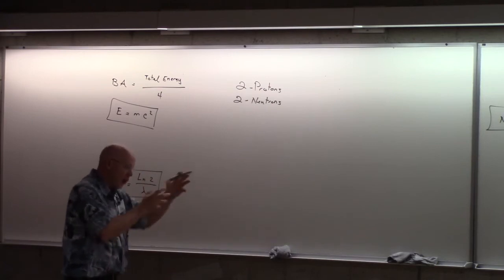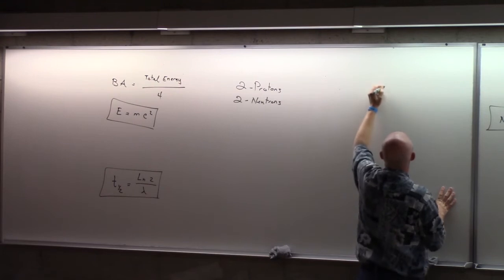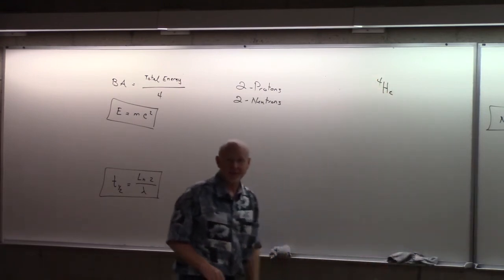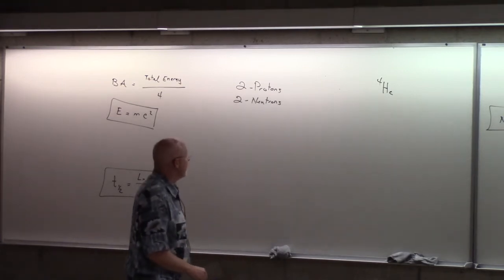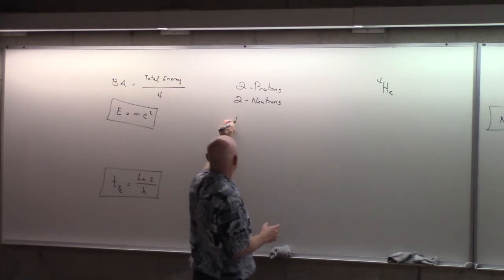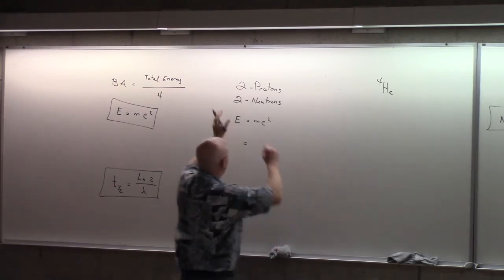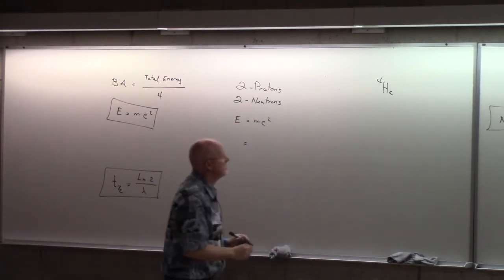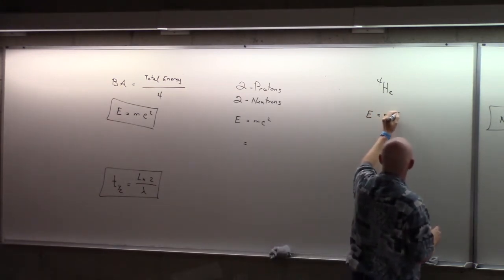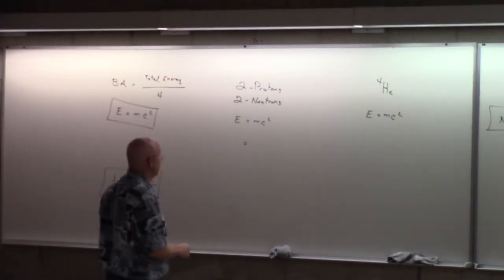Because if I then hook them together, what would then be the mass of a helium nucleus? And so I'm going to do this. I'm going to say that the amount of energy, mc squared, with these 4 separate objects is different than the amount of energy of these 4 objects.